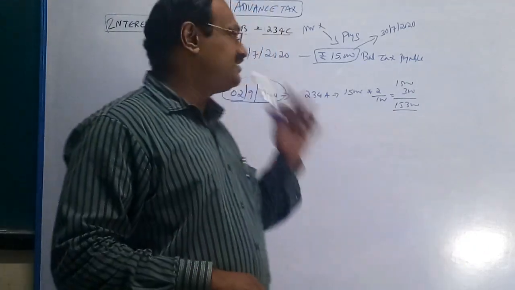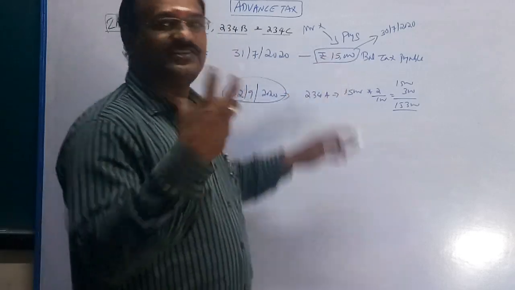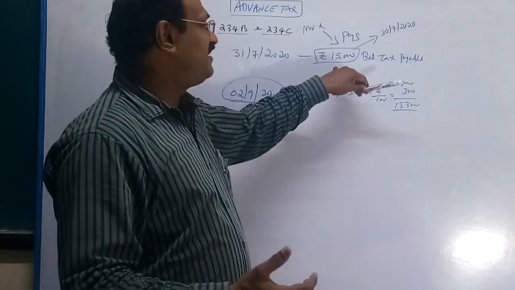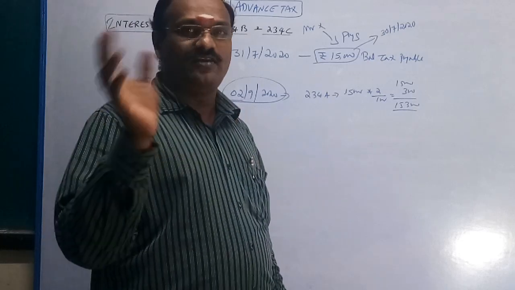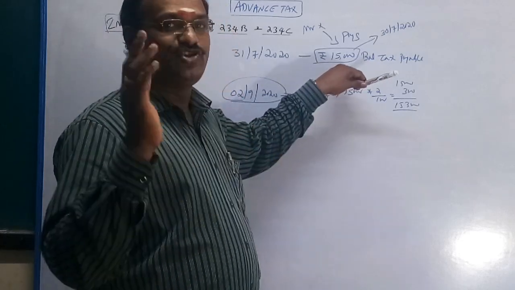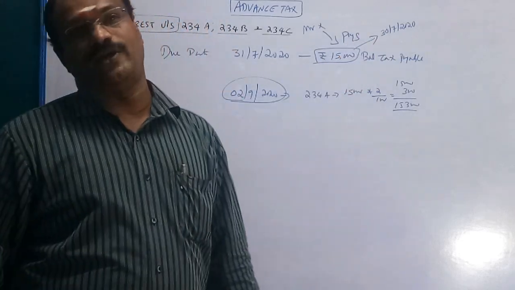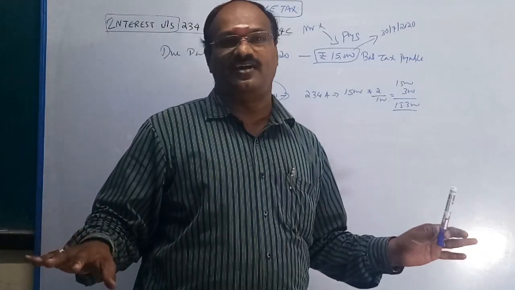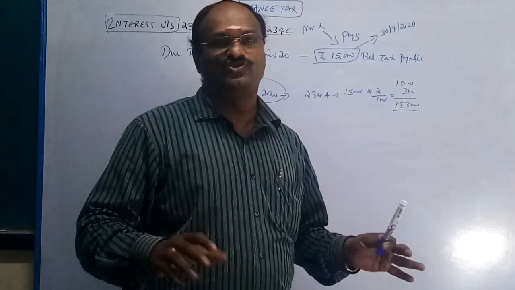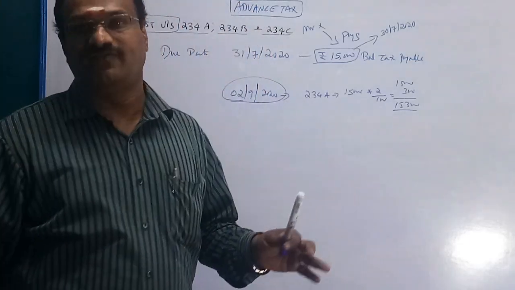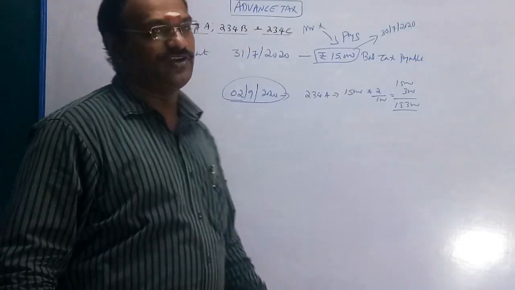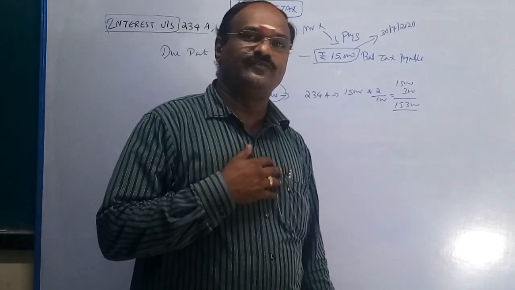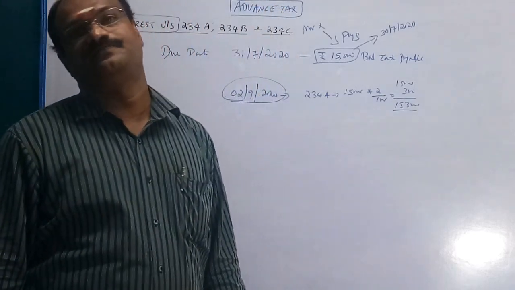Very simple. See, the object of 234A is loss of revenue. In the second example, the full tax, that is all tax inclusive, everything is paid before 31st July. So as on 31st July, there is no tax liability at all. Tax liability is nil. So mere 2 months delay in filing return, 234A is not attracted. Any doubt?